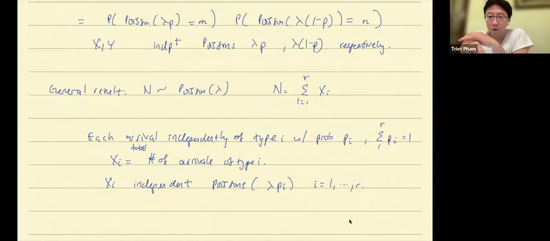Just work it out for R types. It will be some sort of multinomial calculation, but very similar to the above.